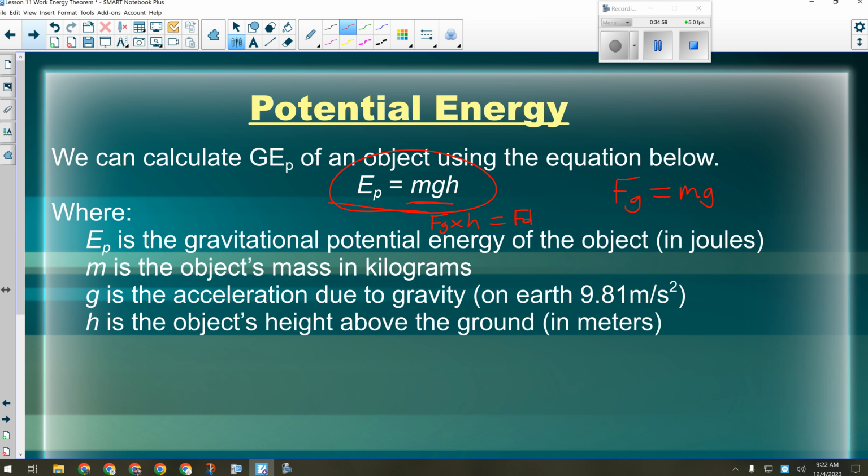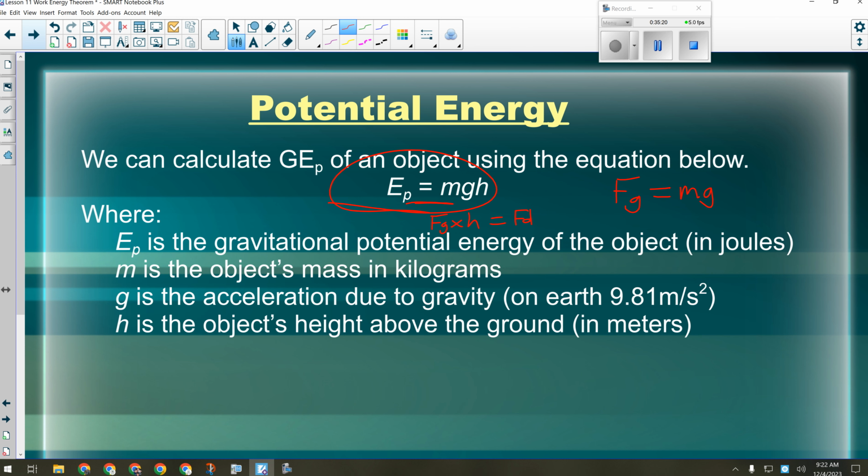What units do I get here? Joules. Energy is always measured in joules. But a joule is not a fundamental unit. A joule is made of fundamental units. So what's my mass?